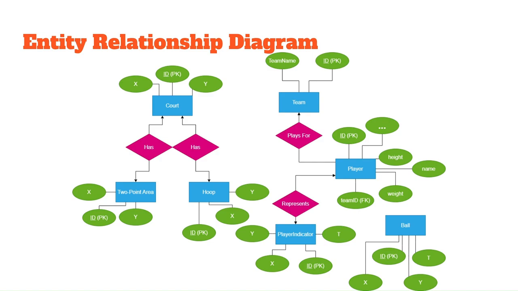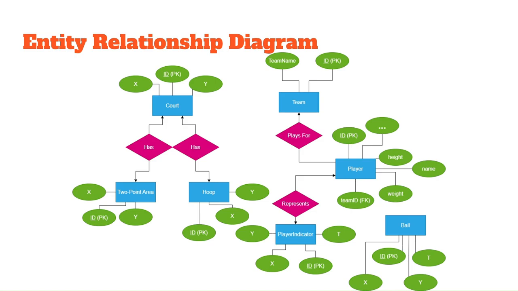So for our entity relationship diagram, we have 7 entities, which include 2-point area, court, hoop, player indicator, ball, player, and team. You may notice that ball is all on its own, and that's because we don't really have a good reason to have it have a relationship with anything.